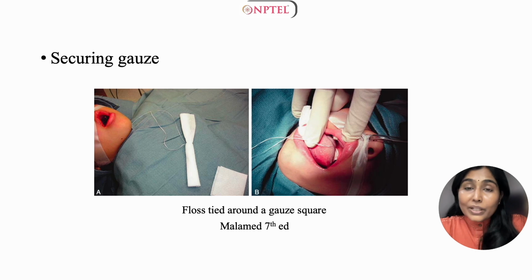Additionally, it is very important to remember that whenever gauze is placed into and left in the mouth for a period of time, a length of dental floss, as shown in the picture here, should be tied around it so that, if necessary, the gauze may be removed or retrieved from the mouth quickly.